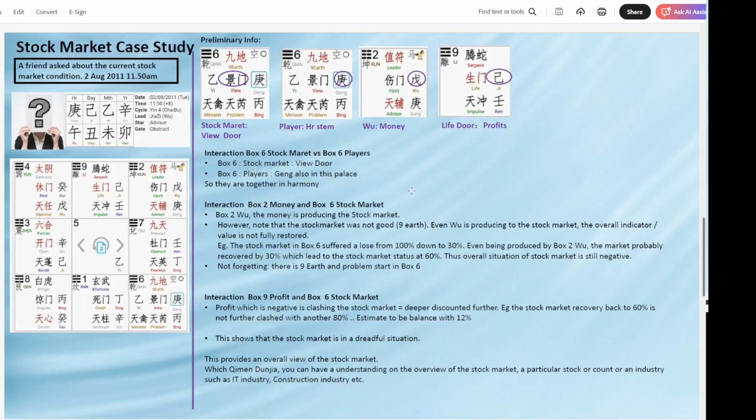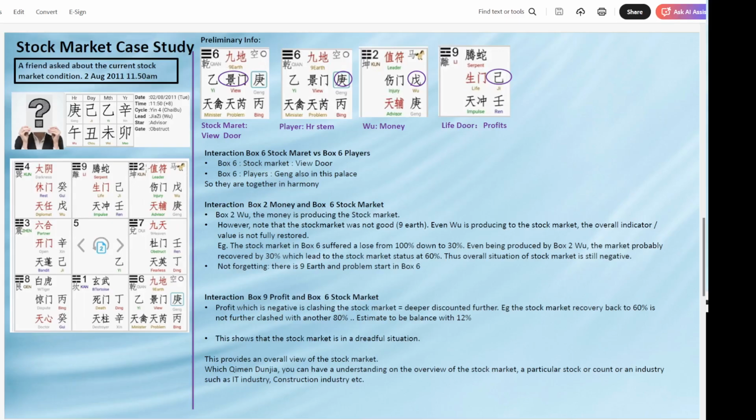So we look at the interaction between box 2, where the money is, the Wu stem, and box number 6, the stock market. Wu is actually in Earth Palace. Kun is Earth Palace, and its interaction with this Qian.